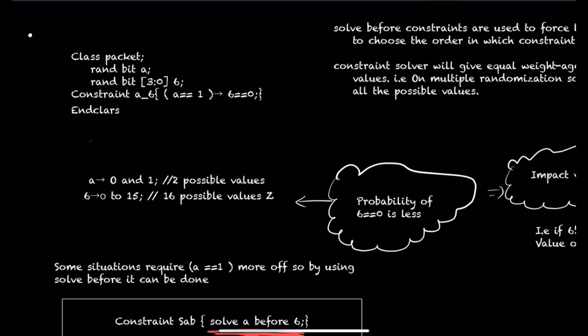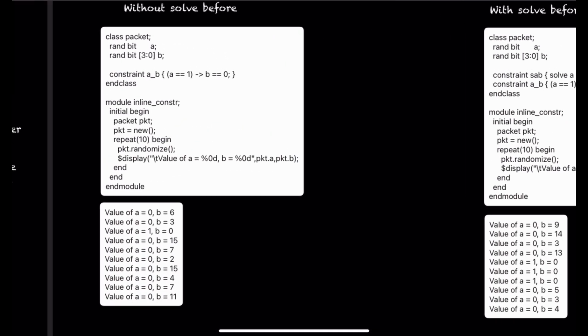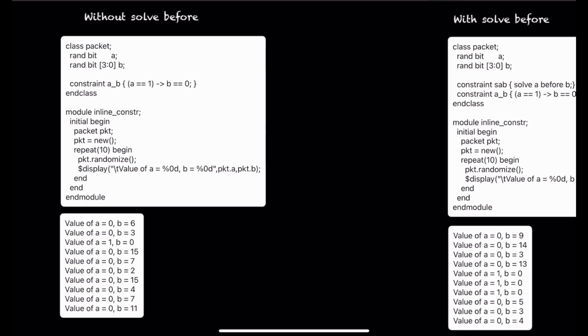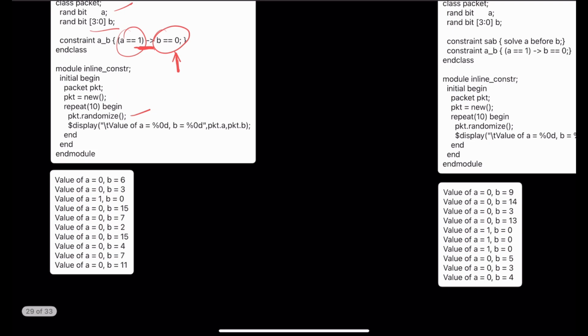So let's see in an example how this is done. This is without the solve before constraint. We have written a constraint A equal to B. The example is similar: B is a 4-bit variable, A is 1 bit, correct? And if we randomize, due to the bidirectional nature it will randomize B first and then A depends on the value of B. Let's see what the output will be.